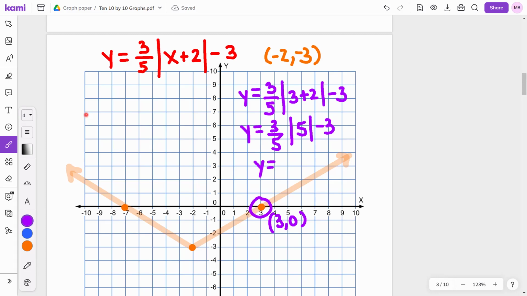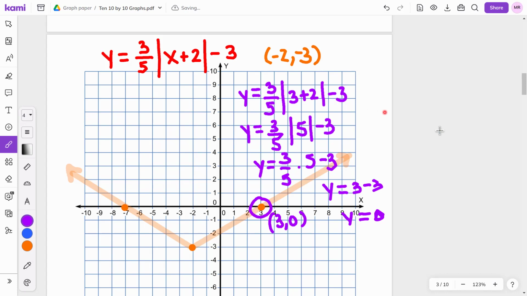So I'm going to have y is equal to 3/5 times 5 minus 3. 3/5 times 5 is 15/5 or 3. So I'm going to get 3 minus 3, which is a 0. And so you do see that I ended up with 3 comma 0 without having to do all of that work.